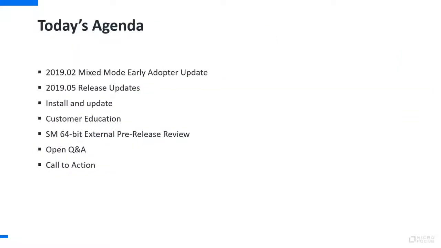So here is today's agenda. Firstly, I want to give you a heads up about the latest progress for the mixed mode early adopter program, and then we'll focus on what's new and what's coming in the May release, especially around the SMA-SM part, which is more related to the service portal in the mixed mode. And then after the install update and customer education information, I want to introduce the Service Manager 64-bit external pre-release review program.